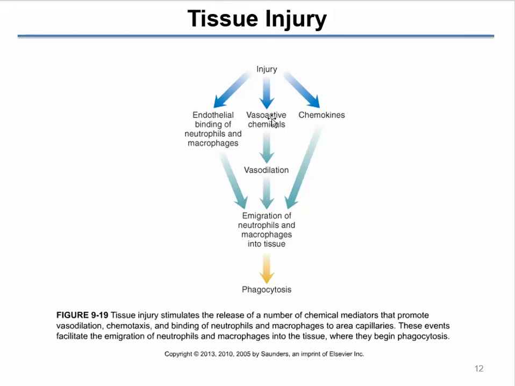Injury causes the vasoactive chemicals to cause vasodilation, which brings more of this stuff to the area and increases permeability, which enhances emigration of the phagocytes, which increases phagocytosis.